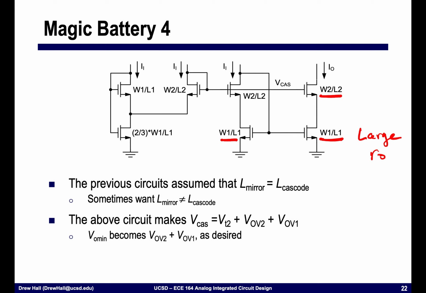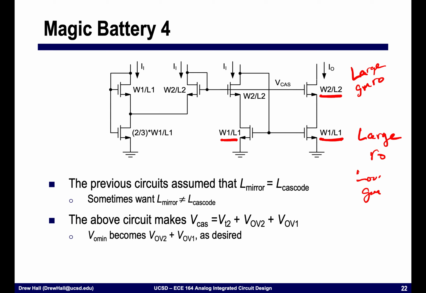There are good reasons, which you'll find out about in 264A and 264B, that you do not want a lot of GM here. You don't want a lot of GM because that's going to generate noise. So you really want low GM. And this is somewhat conflicting with what we want from the cascode device. From the cascode device, we want large GM R out. We want a large GM R naught product.